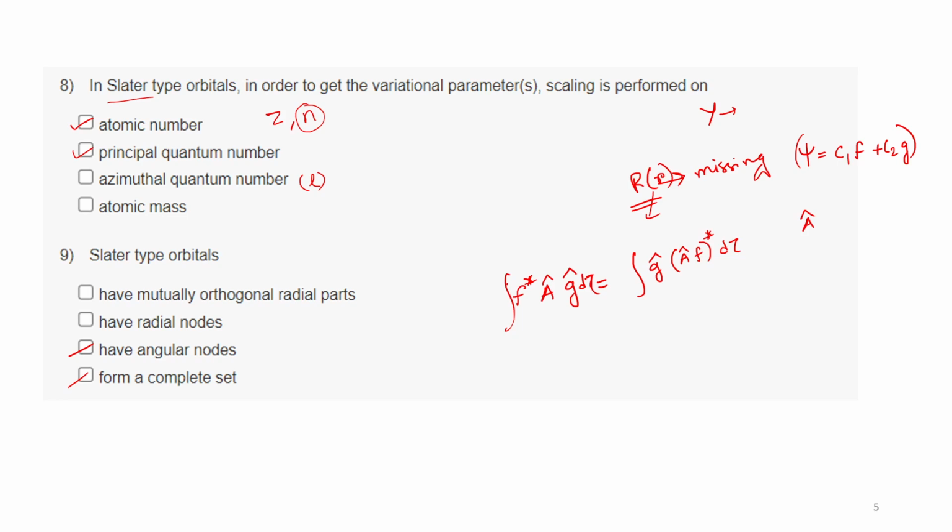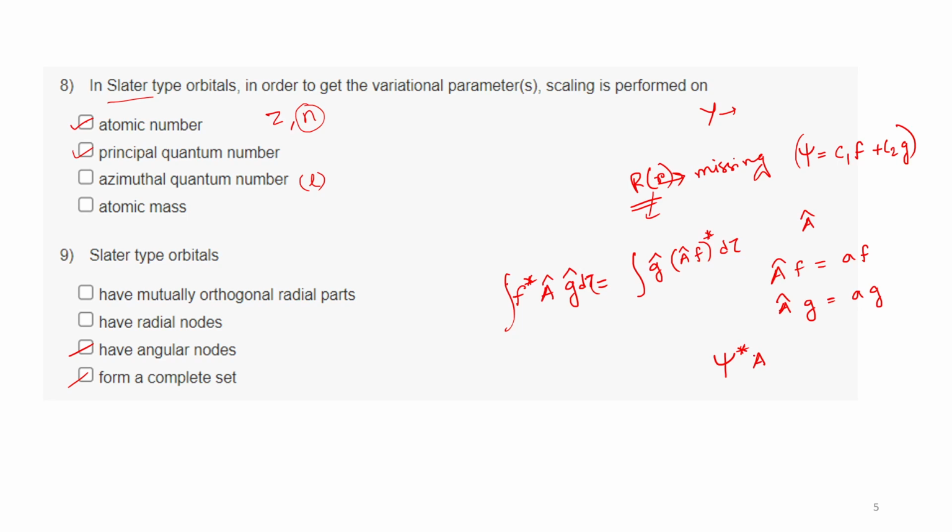Using a similar argument, they started from f and g, where A works on f giving A of f, and A also works on g. They just said that g is an eigenfunction of A.